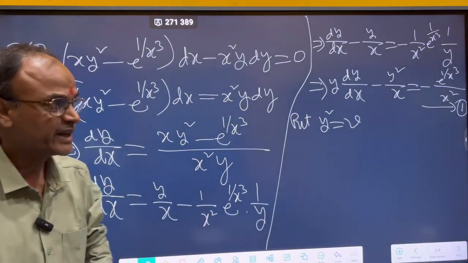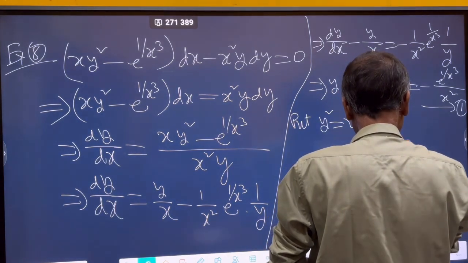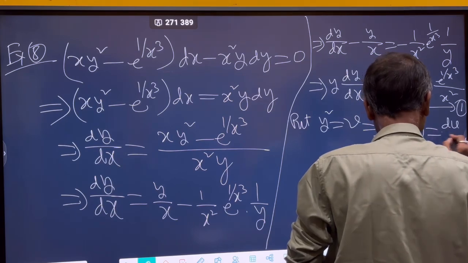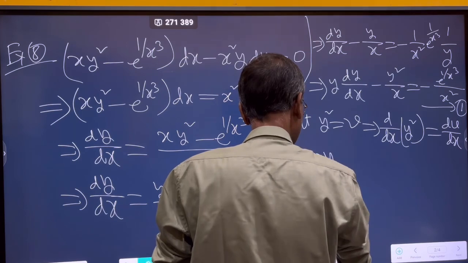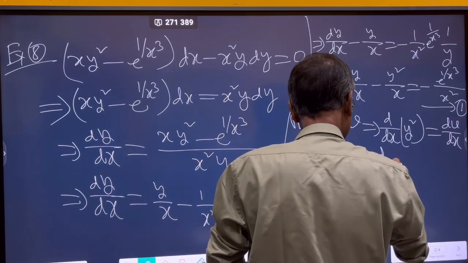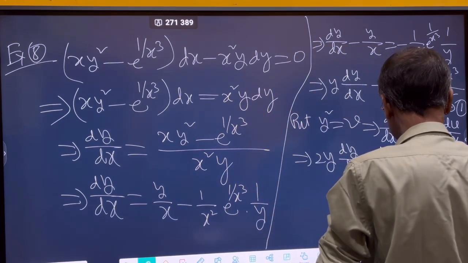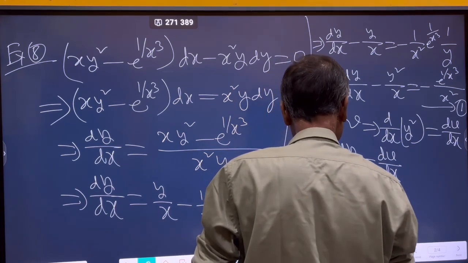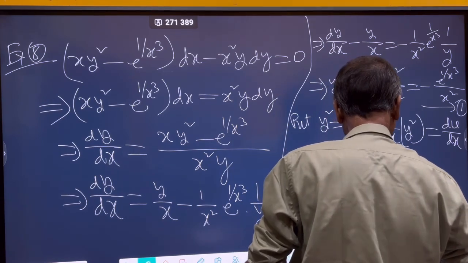Now put y square equal to v. This means d dx of y square equals dv by dx, so twice y dy by dx equals dv by dx, which means y dy by dx equals 1 by 2 dv by dx.